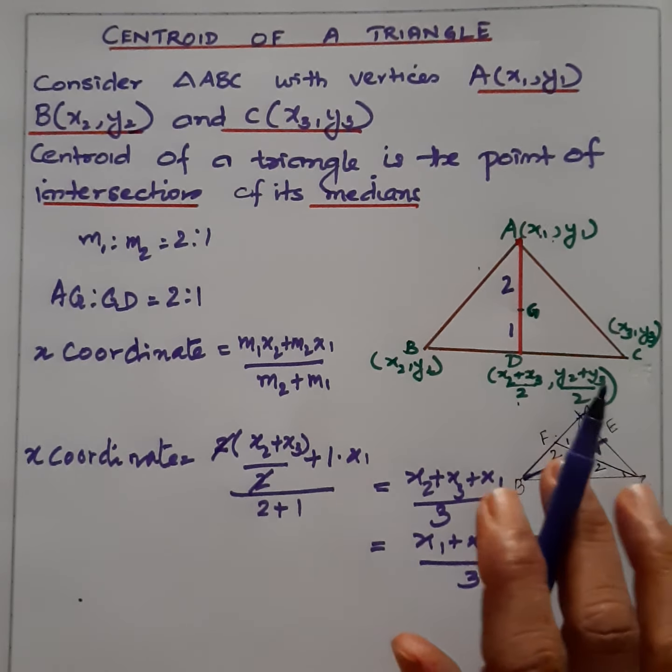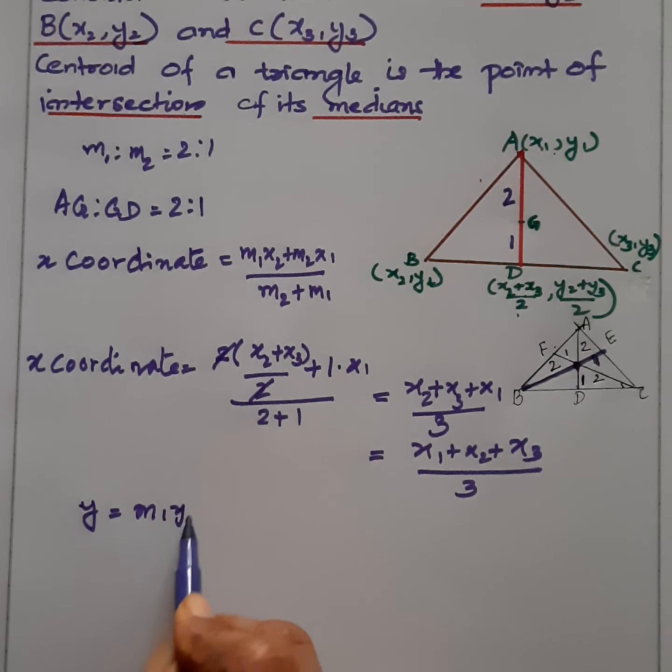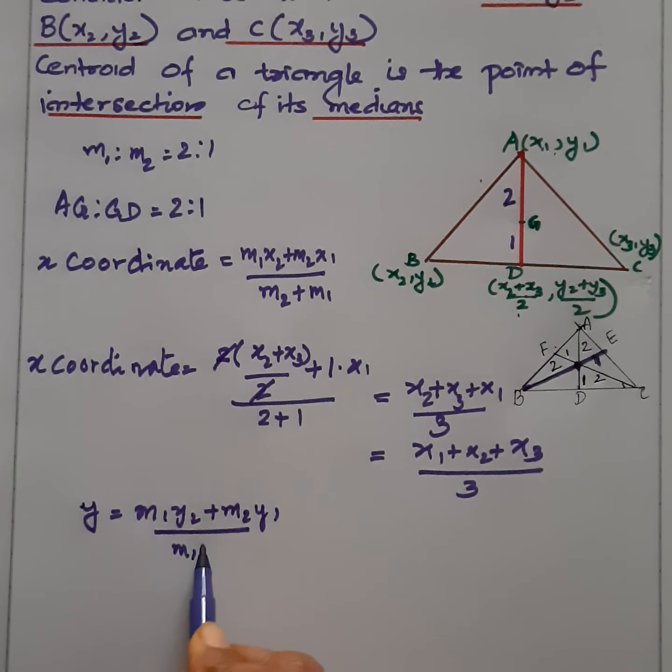Now we have to find the y coordinate of the centroid. To get the y coordinate, we use the formula (m1y2 plus m2y1) by (m1 plus m2).